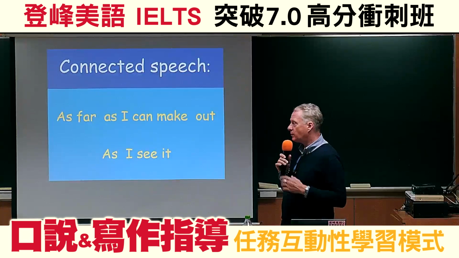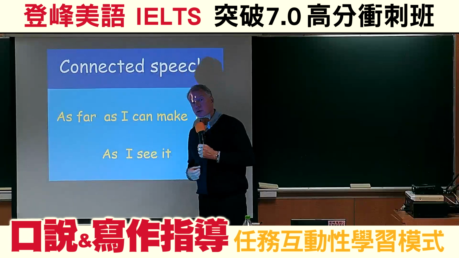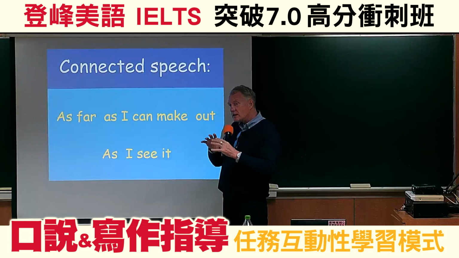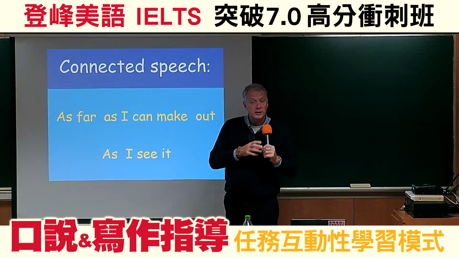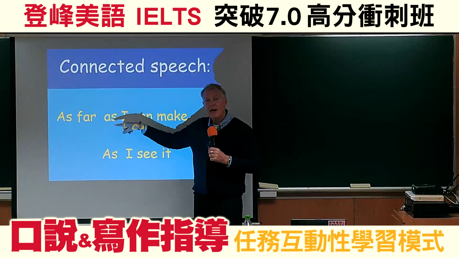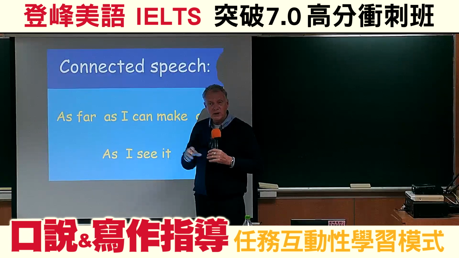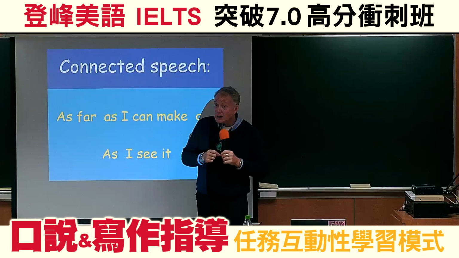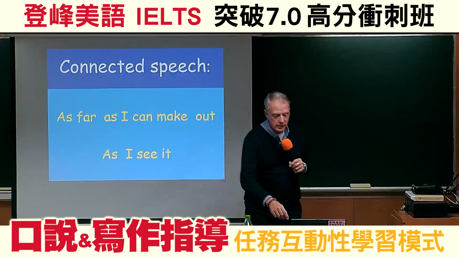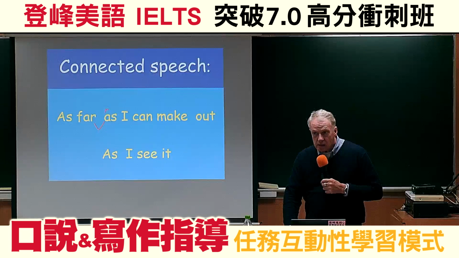Okay, so connected speech. Here we have this set phrase. Now when we're speaking English, we do not separate every word. We do not say as far as I can make out. Oh, 好无聊, right? We don't separate every word like this. We link the words together so that we're saying as far as, right?